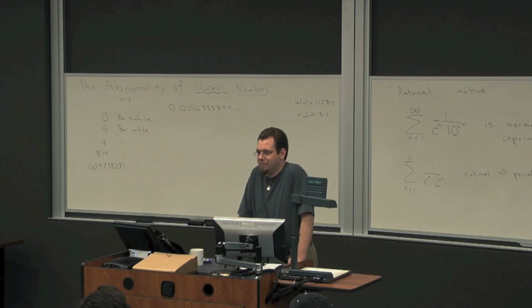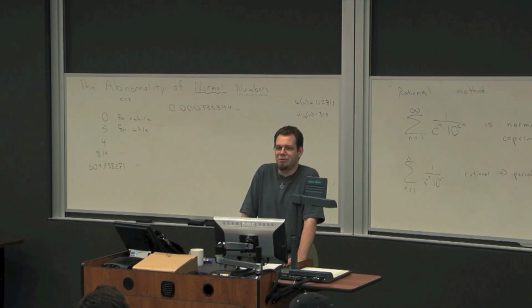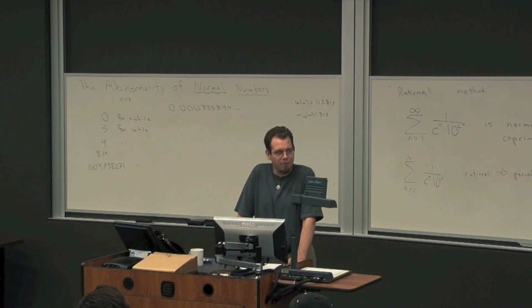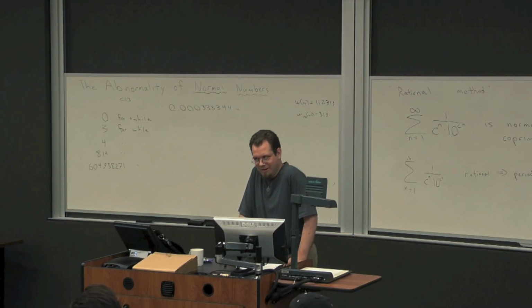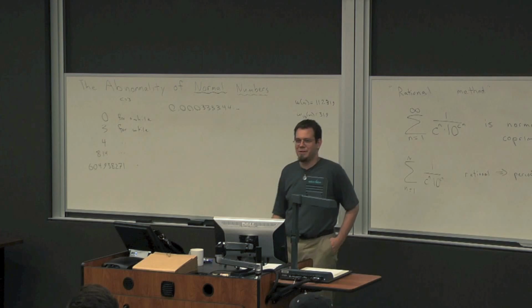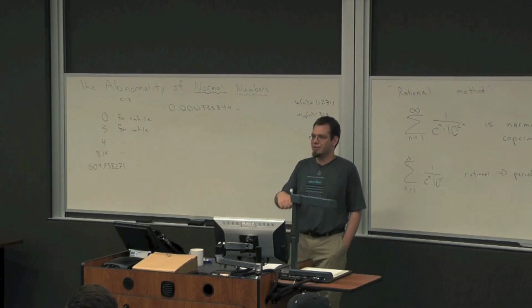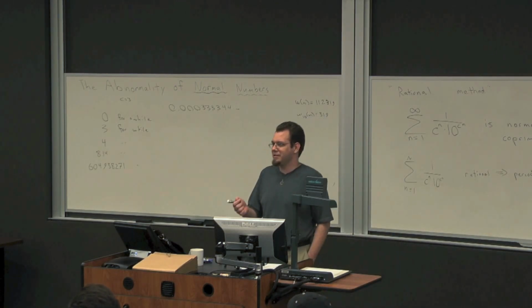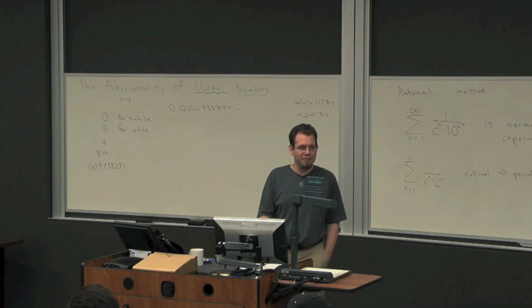Normality is about randomness. And yet all the examples I can give you of a normal number don't look random at all, right? I mean, look at Champernowne's constant. That does not look like something that's random. What's the deal? What's going on here?